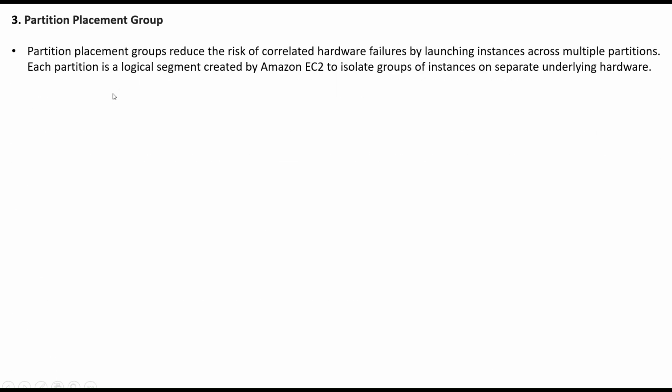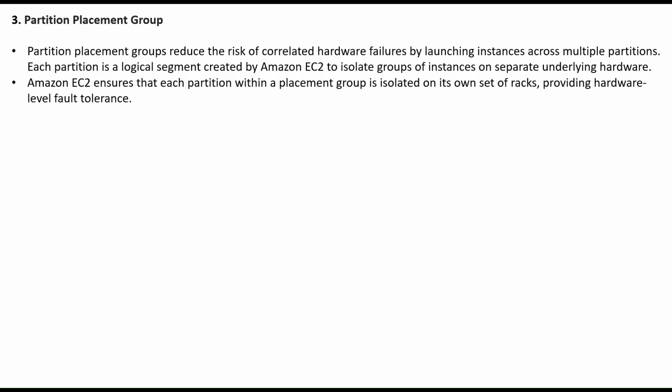The final one here is the partition placement group. The partition placement group reduces the risk of correlated hardware failures by launching instances across multiple partitions. Each partition is a logical segment created by Amazon EC2 to isolate groups of instances on separate underlying hardware.